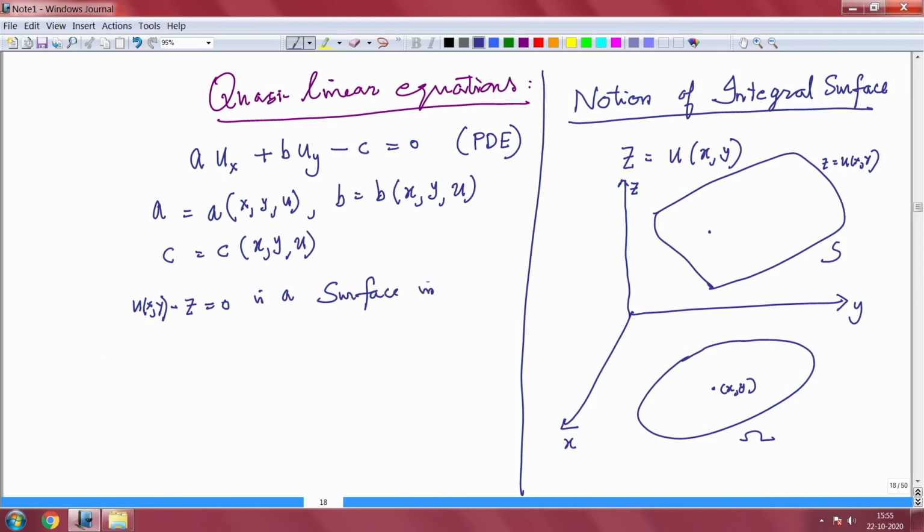Basically this is the solution surface. Okay. So, when you are trying to solve a problem of PDE, this Cauchy linear PDE, you are trying to find the integral surfaces. This surface is called the integral surface or solution surface.